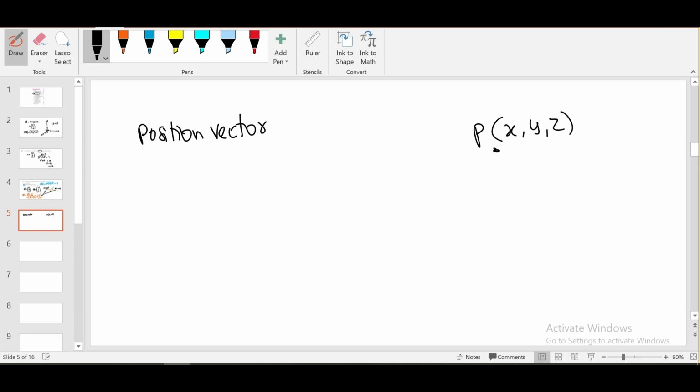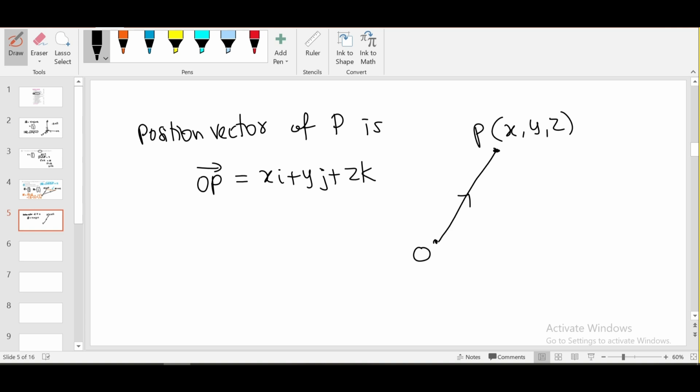In the past paper also, in several places you are going to see this position vector. It is nothing but the vector joining the origin to the point. That's called the position vector of P. You can write it as the OP vector is equal to xi plus yj plus zk. Do you understand this?